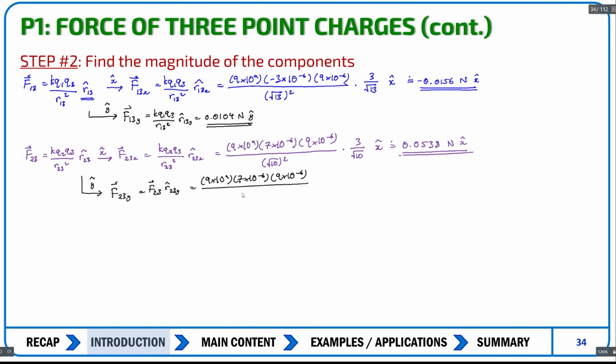Just make sure your units are correct. Squared is 1 over the square root of 10, because that is the y component. And so you should be able to get 0.0179 newtons in the y-hat direction.